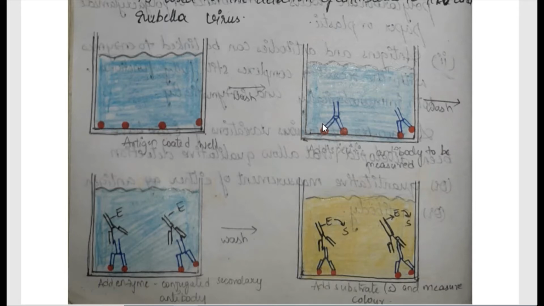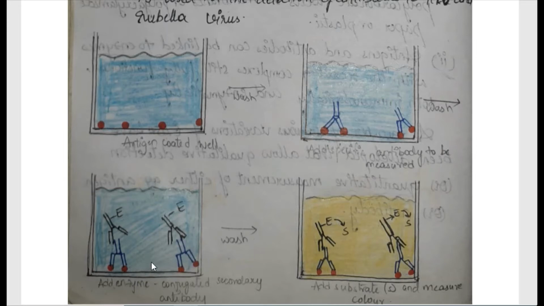What happens during the incubation? If there is any related antibody, obviously the antibody binds to the antigens. The presence of the antibody bound to the antigen is then detected. How can we know whether the antibody is bound to the antigen or not? That is detected by adding an enzyme conjugated antibody, an anti-antibody.